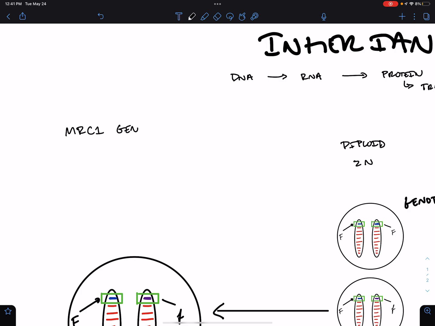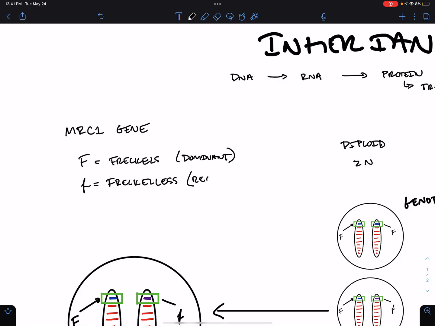MRC1 gene. And the MRC1 gene determines if you have freckles or not. There are two alleles of the MRC1 gene. The first allele is the big F allele, capital F, and this is the freckles allele. It is dominant. And the little f allele is freckleless, no freckles.